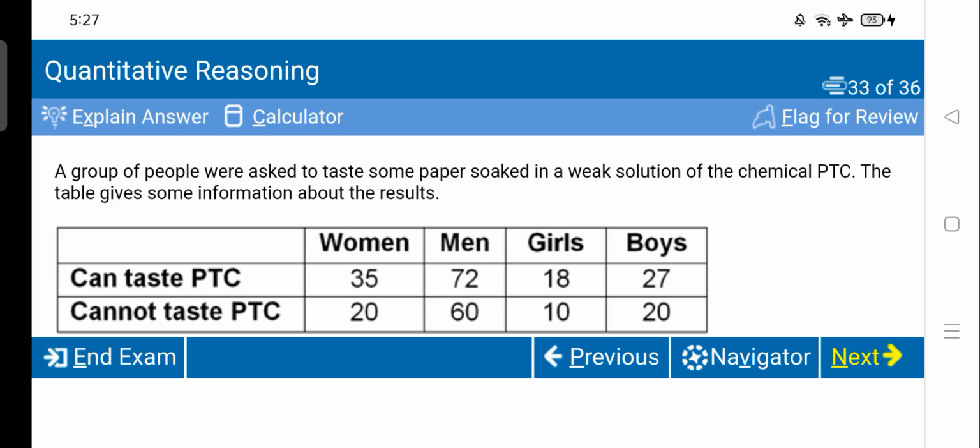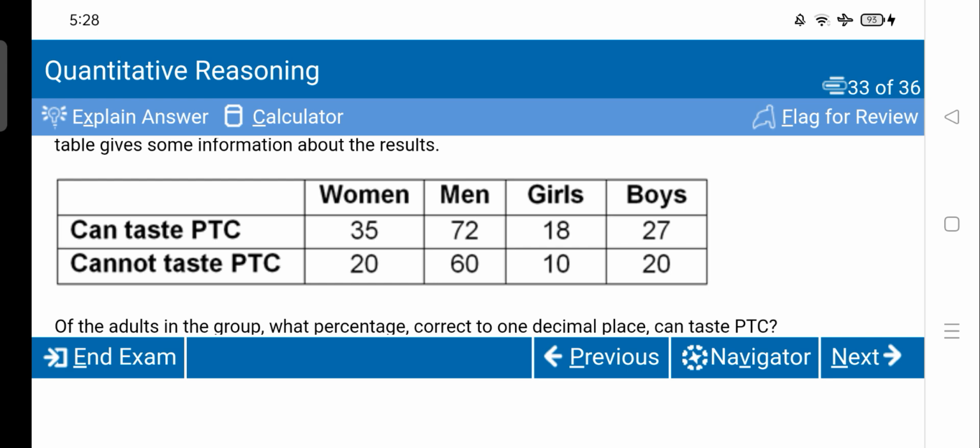Next question: a group of people were asked to taste some paper soaked in a weak solution of the chemical PTC. The table gives some information about the results.